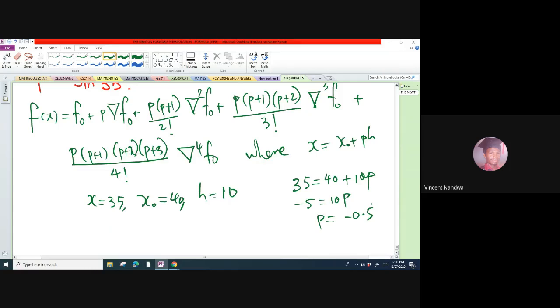So therefore, where there's p in the formula, we put negative 0.5, and then we have the values of those differences from the table.